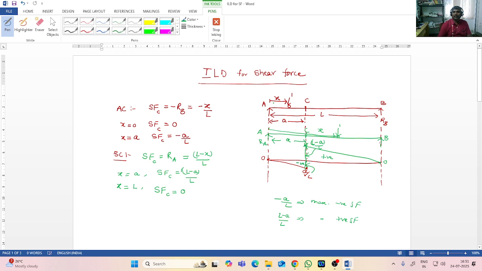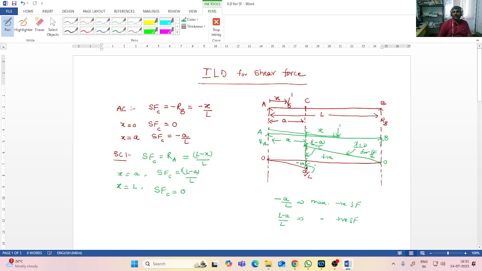So when a unit load moves from A to B, the shear force values vary from 0 to maximum negative, suddenly jump to maximum positive, and slowly reduce to 0. So this is what will happen when a unit load passes from A to B, and when you are interested in a particular section's shear force values, they look like this. So this will be the ILD for shear force.